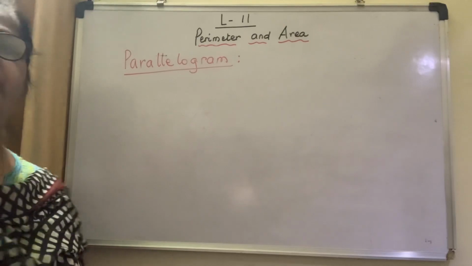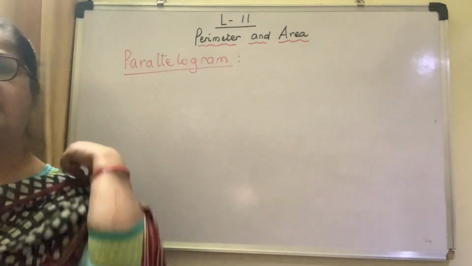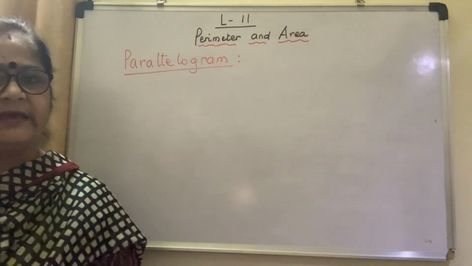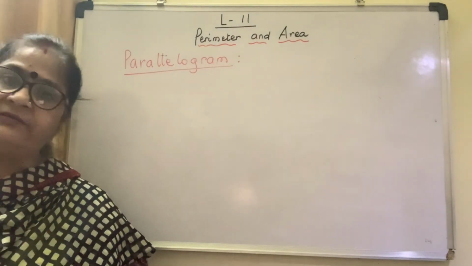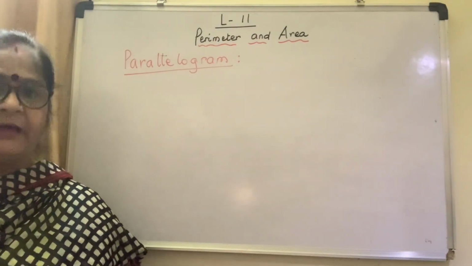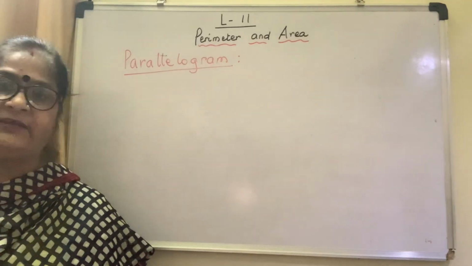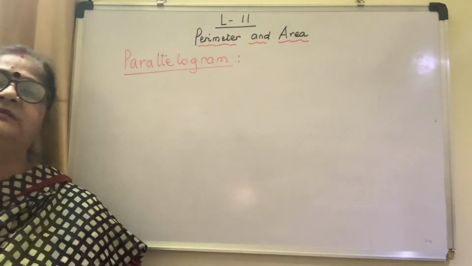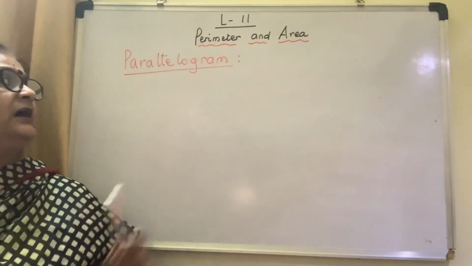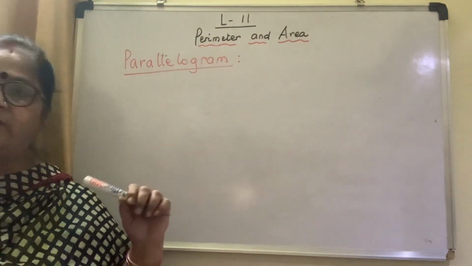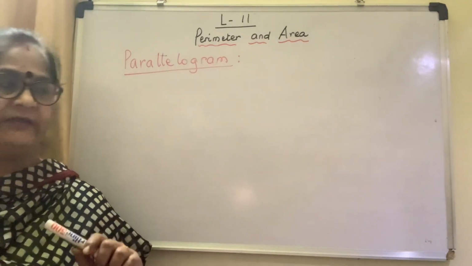A parallelogram is again a four-sided figure. It is a rectilinear figure made up of straight lines. We also call it a quadrilateral because all quadrilaterals are made up of four sides. Rectangle is a quadrilateral, square is also a quadrilateral.